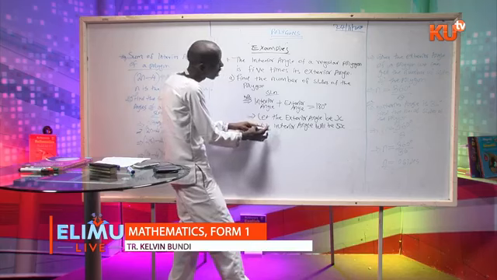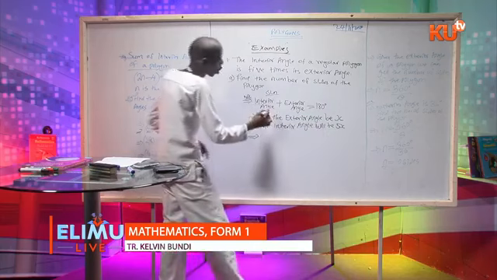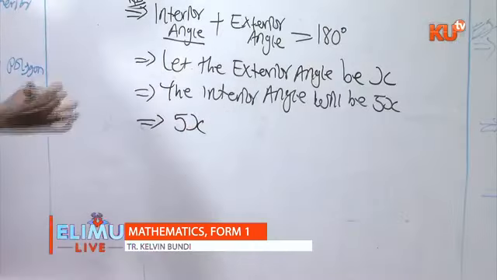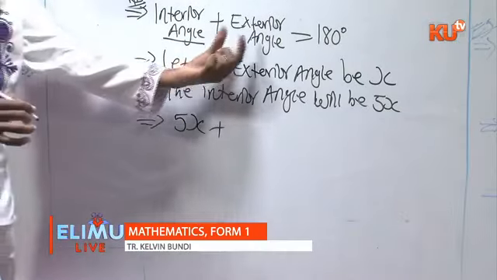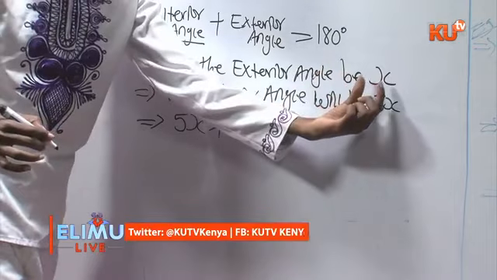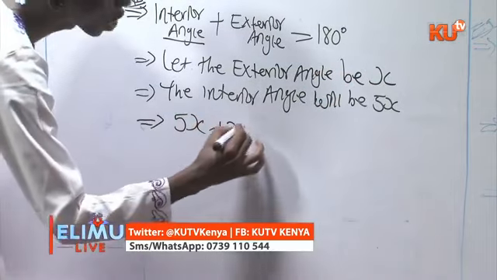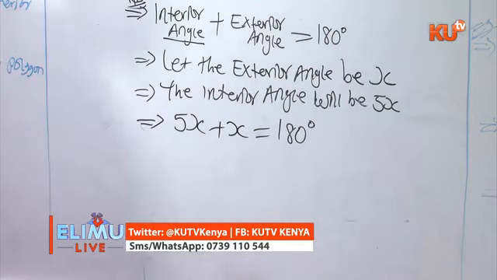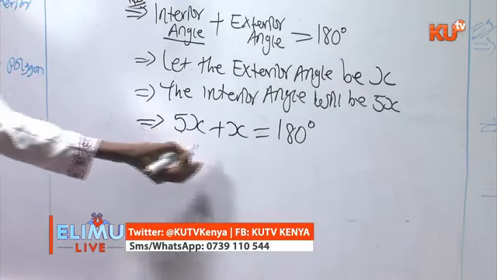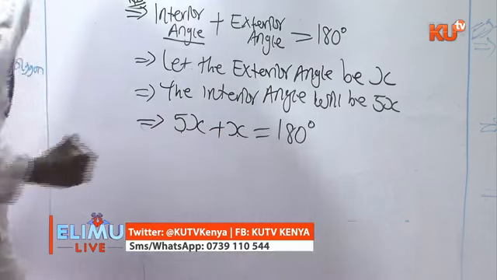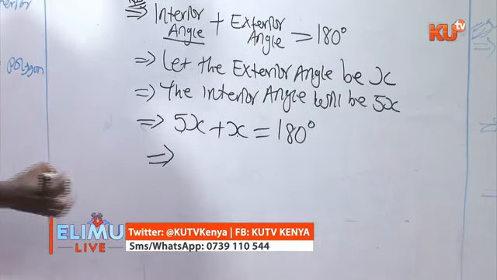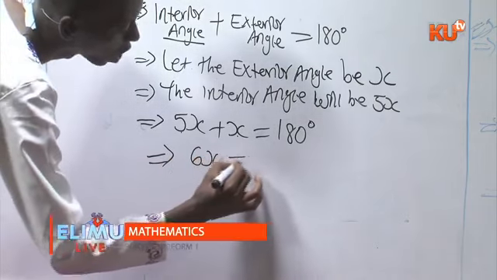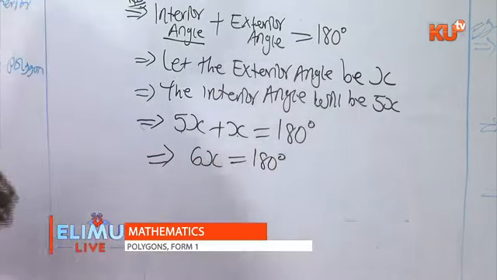And we have seen that the interior angle is 5x. So where we have interior angle, we write 5x plus the exterior angle, which we have let to be x. So 5x plus x is equal to 180 degrees. 5x plus x, we get 6x is equal to 180 degrees.